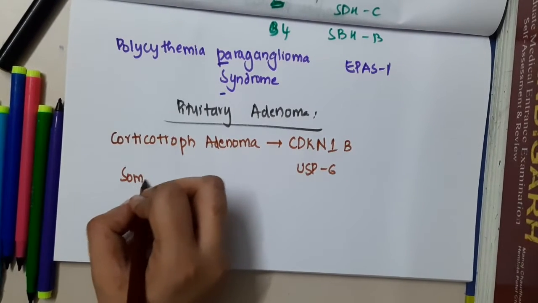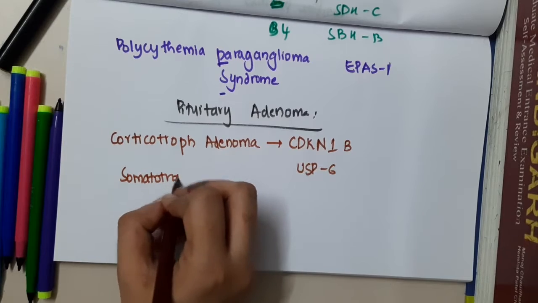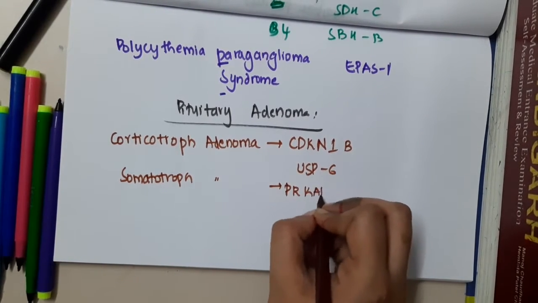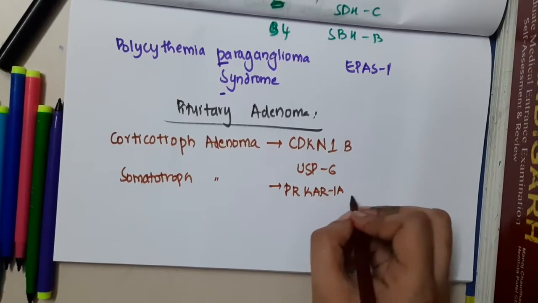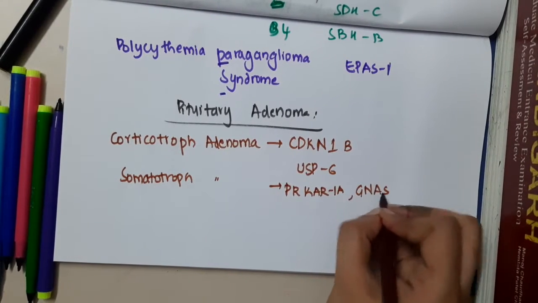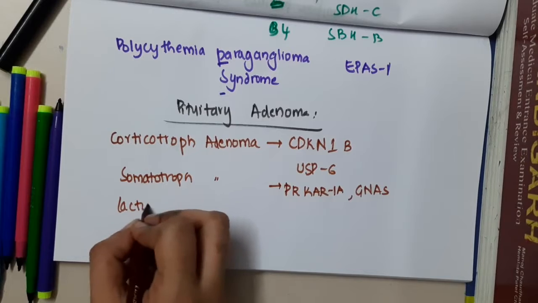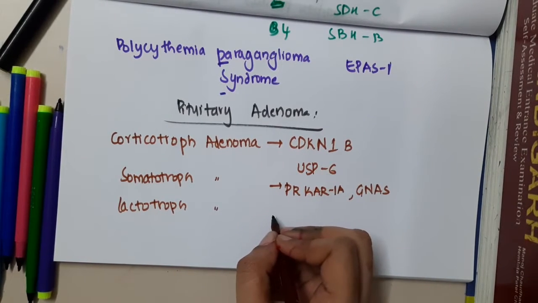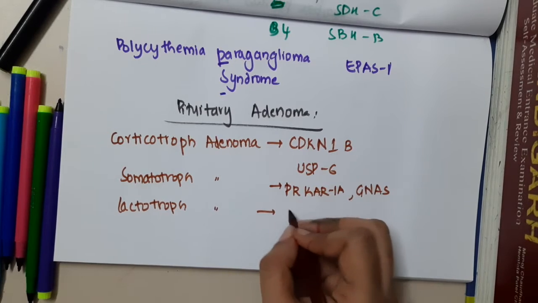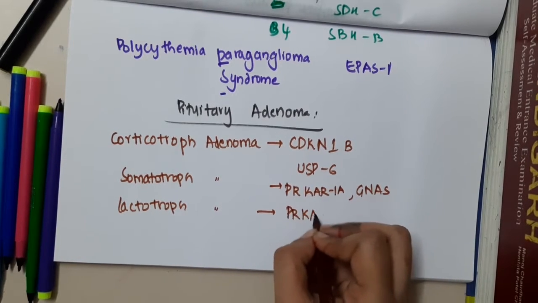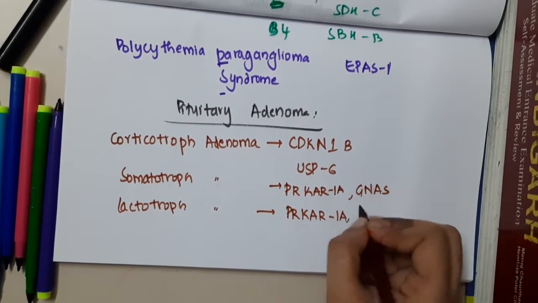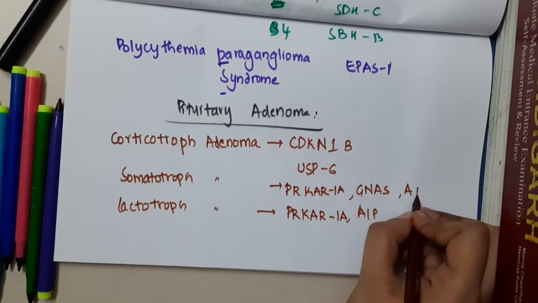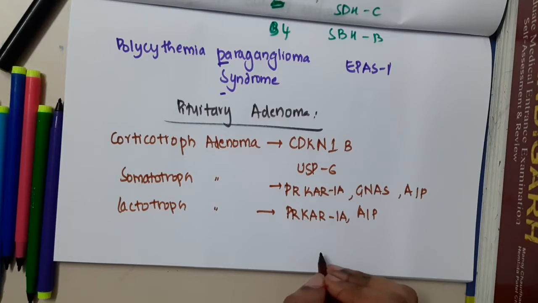Somatotroph adenoma is associated with PRKAR1A and GNAS, whereas lactotroph adenoma is associated with PRKAR1A with AIP. Even AIP is also seen in somatotroph adenoma.